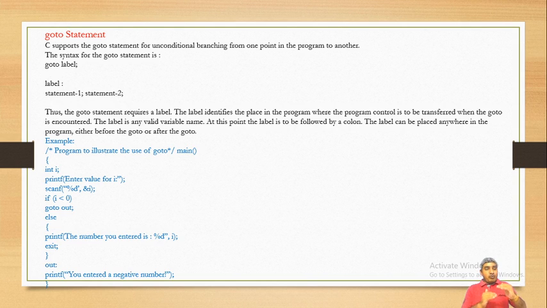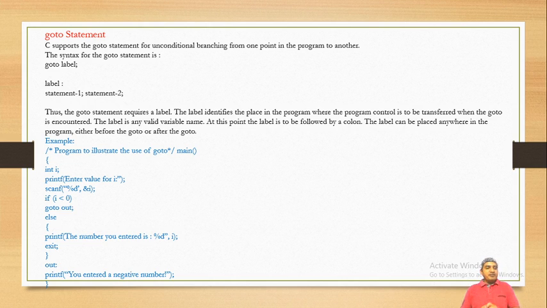Then the else portion: printf the number you have entered is %d, comma i. This portion is not executed. If i is less than 0, goto out.